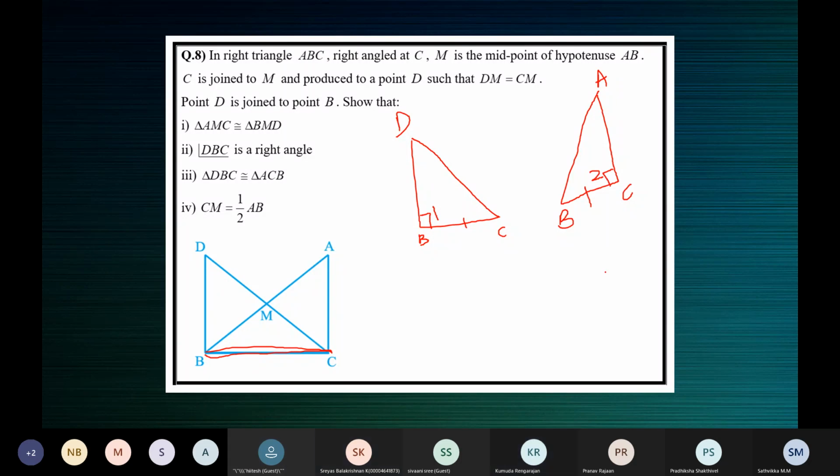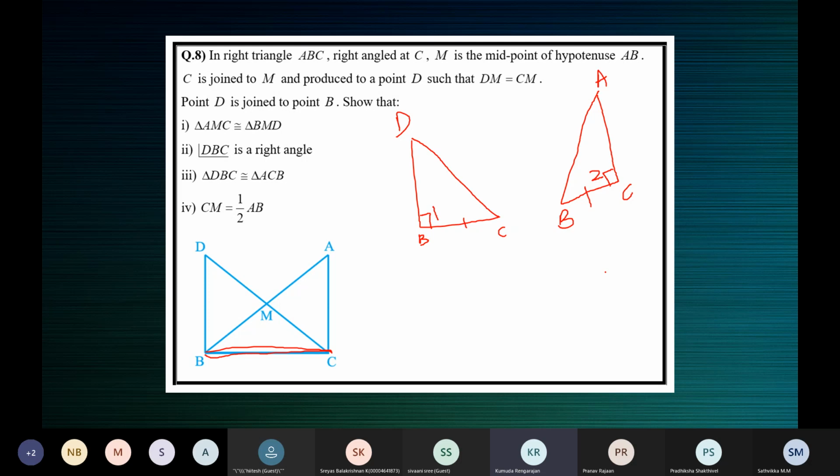No, ma'am. Then we cannot use RHS. If that's not given, or we cannot prove that, you cannot use the RHS rule. Because RHS is right angle, which we have, angle 1 is equal to angle 2 is equal to 90 degrees. Hypotenuse: the hypotenuse DC should be equal to the hypotenuse AB. Only then you can use RHS.